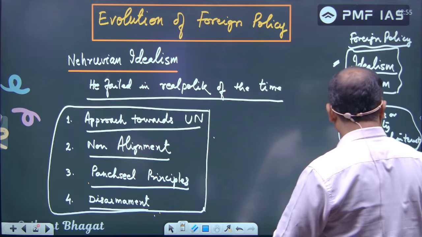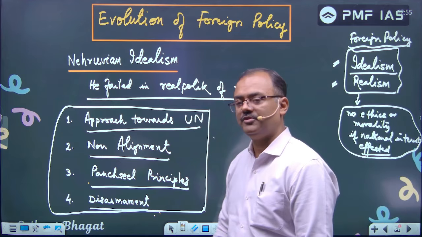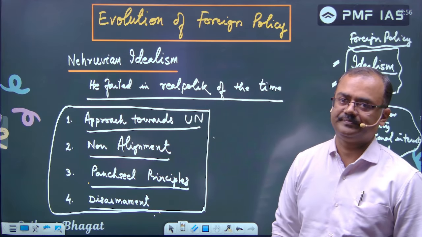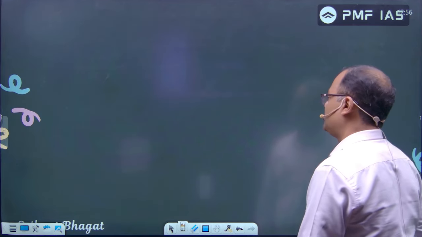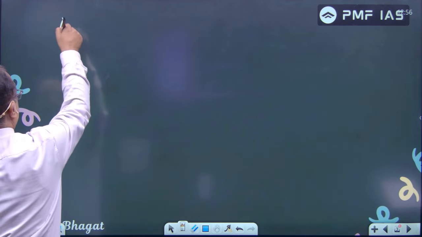So, approach towards UN, number one; non-alignment, number two; Panchasheel principles, number three; disarmament, number four. So here, first of all, approach towards UN. First is his approach towards UN.